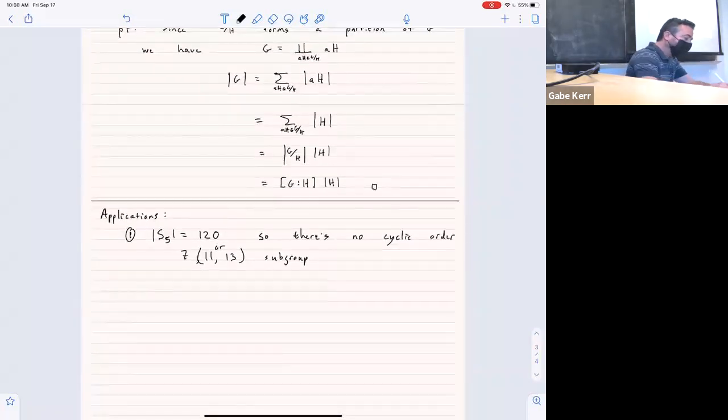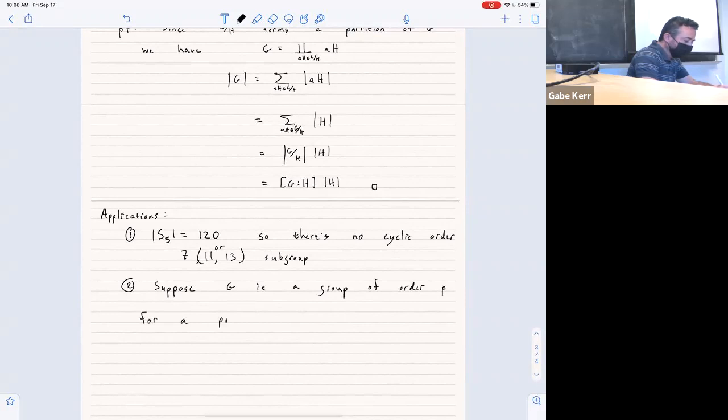Let's look at a far more powerful application, which I think is a corollary. Suppose I have a group G of order p, for some prime number. What can you guys tell me about that?